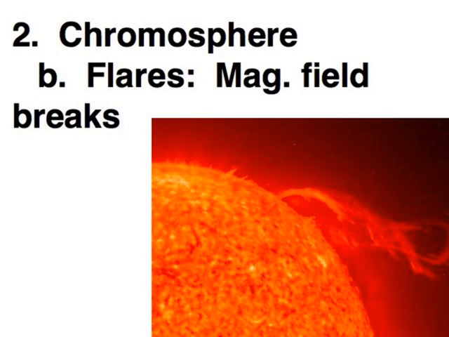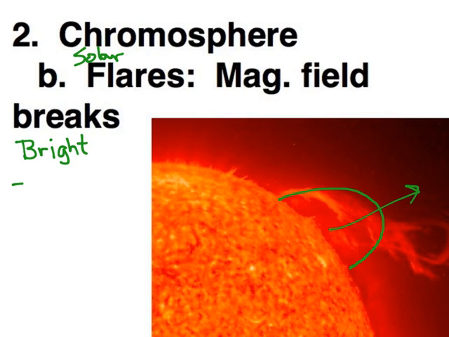Also associated with the chromosphere are flares, also known as solar flares. And so that same kink that we just saw with the prominence can break. And when it breaks, you're going to have material shoot away from the sun. And that's a solar flare. So it's going to look bright because it's shooting out material.